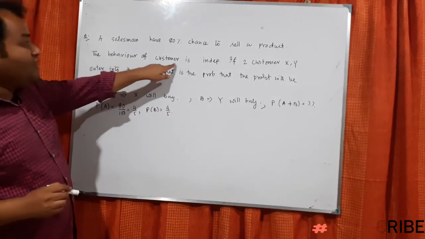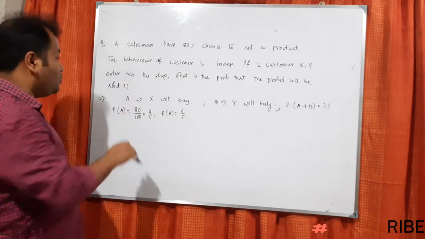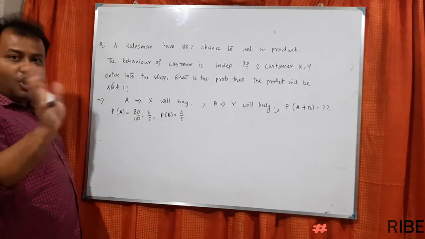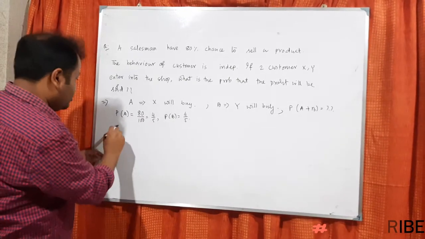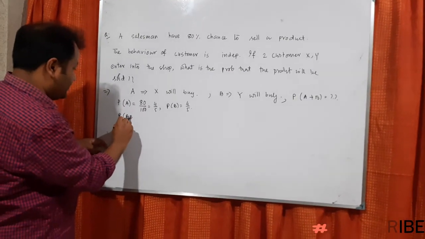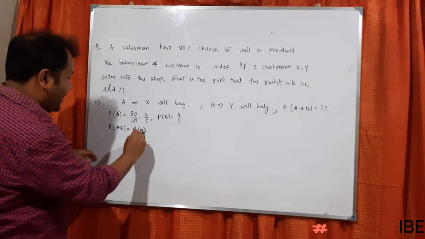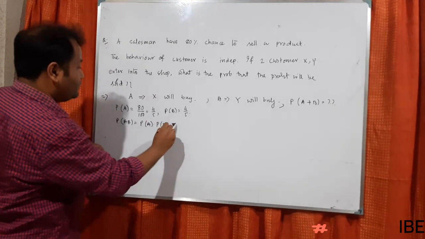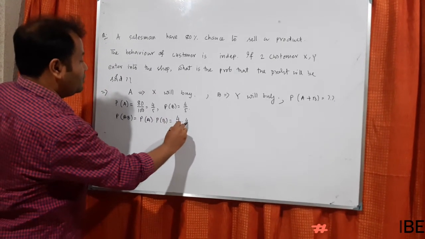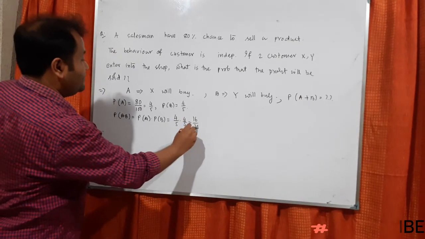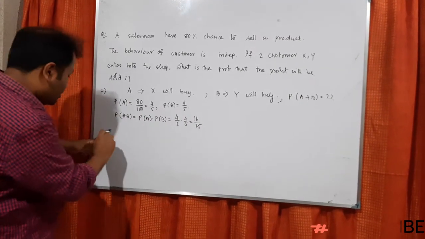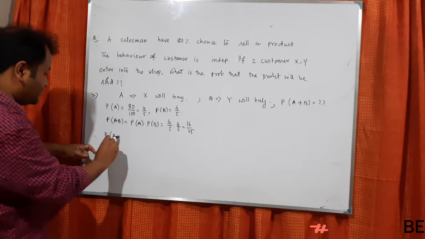Now the behavior of the customer is independent, so A and B are not dependent, they are independent. So probability of AB will be probability of A into probability of B, so that is 4/5 into 4/5, this is 16/25. So probability of A plus B, what?